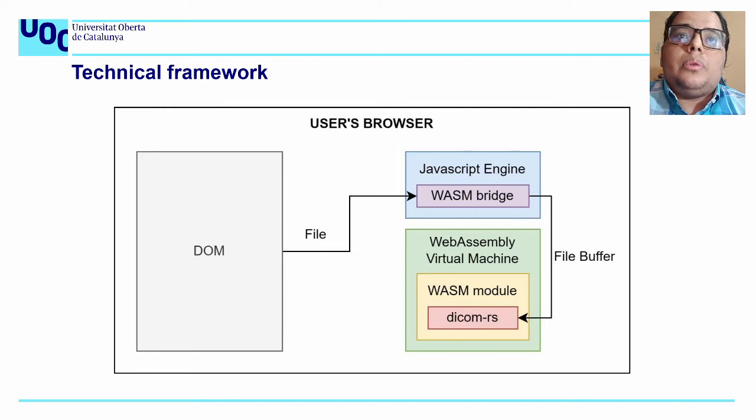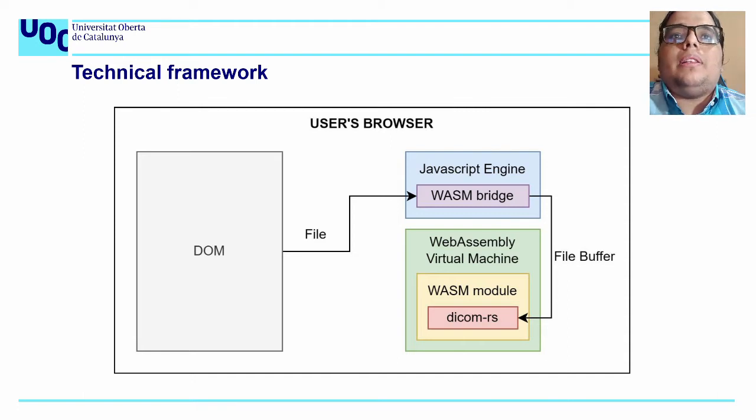To perform the anonymization, the browser is all that is needed. There, the DOM will load the files, since from inside WebAssembly we cannot access the file managing APIs, or most of the native APIs, by the way.